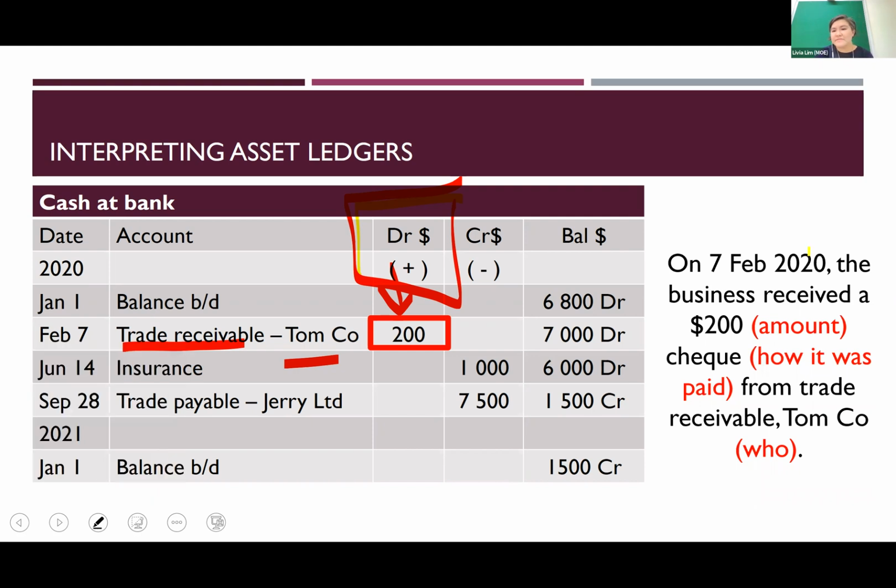On 7th of February, that is when it happened, the business received a check from trade receivable. That is telling me what happened, but you also need to mention the amount, $200, and how it was paid, by check. So putting all the W's and H's together: on 7th of February, the business received a $200 check from trade receivable Tom Cole.